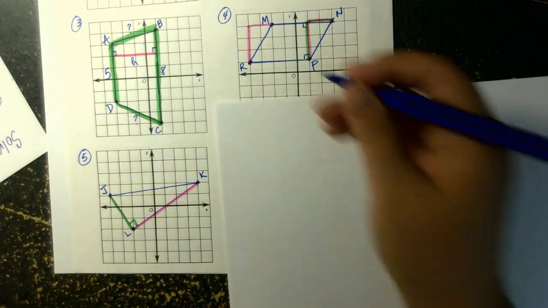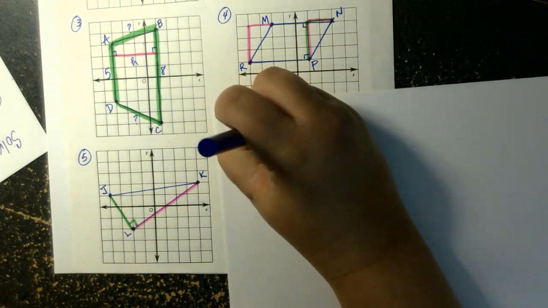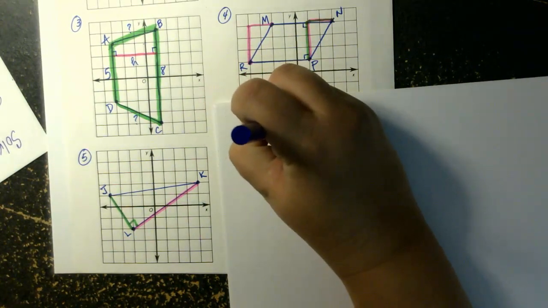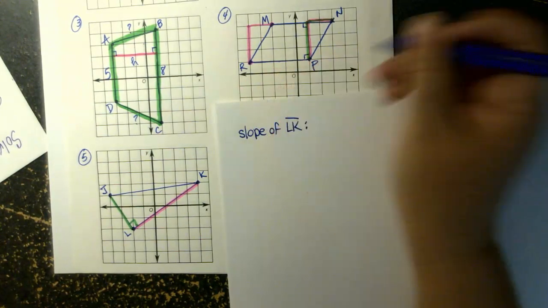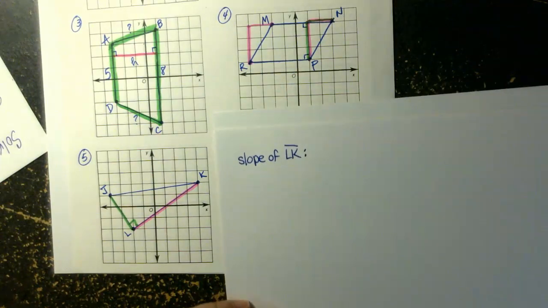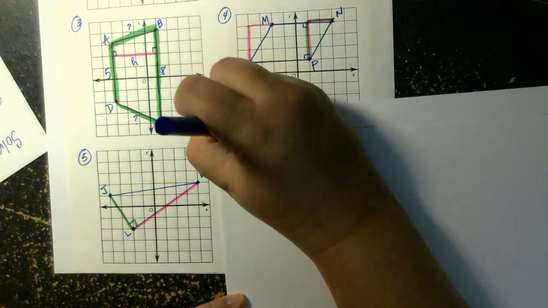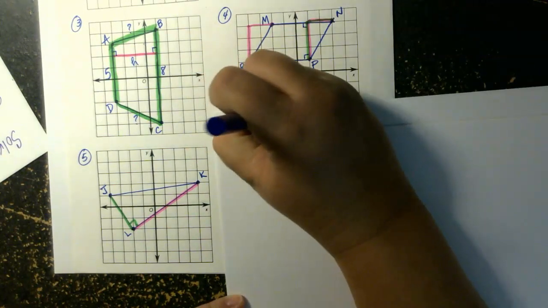Okay, so LK has a slope. Remember, perpendicular means opposite reciprocal slopes. So the slope of LK. Well, let's find the coordinates here first. The coordinates of J are -4, 1.